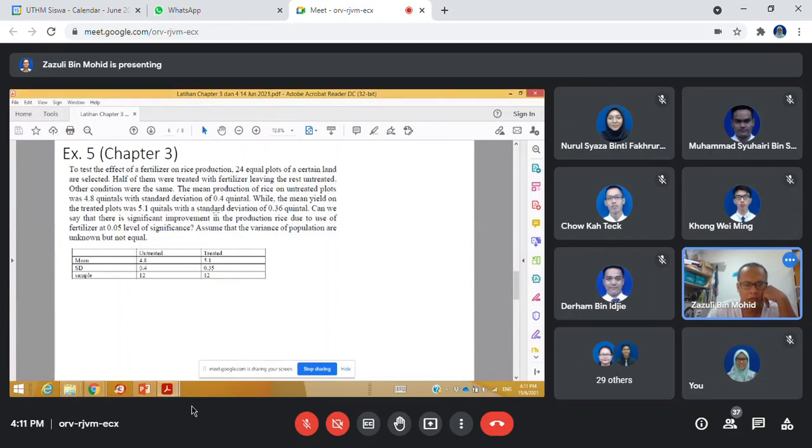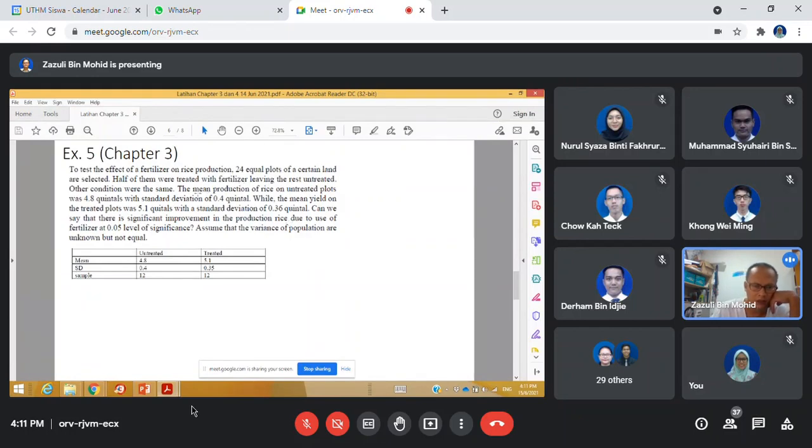Okay, and then the mean yield of the treated plot was 5.1, and then it explains again about the detail. Can we say that there is significant improvement in rice production?